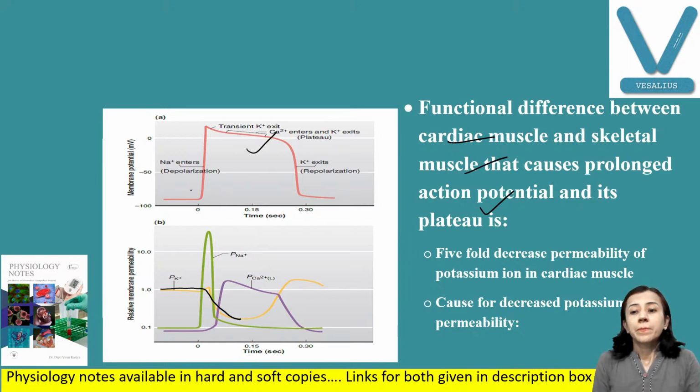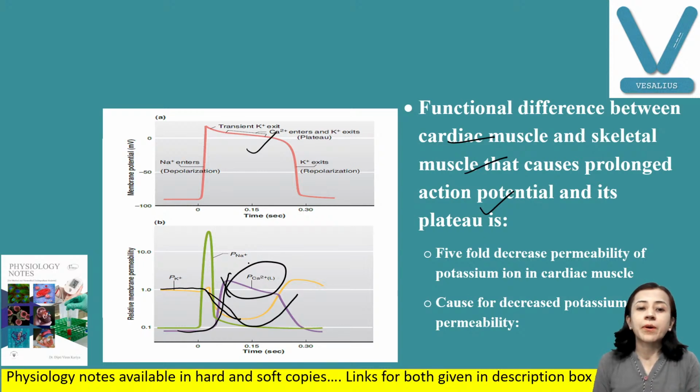Second, this potassium permeability decreases because of calcium channels. You can see here, because calcium channels remain open, these calcium channels will not allow the potassium ions to move out. So the cause for decreased potassium permeability may be excess calcium influx. Calcium channels decrease the permeability of potassium ions, and when potassium ion permeability decreases, that results in this plateau phase.